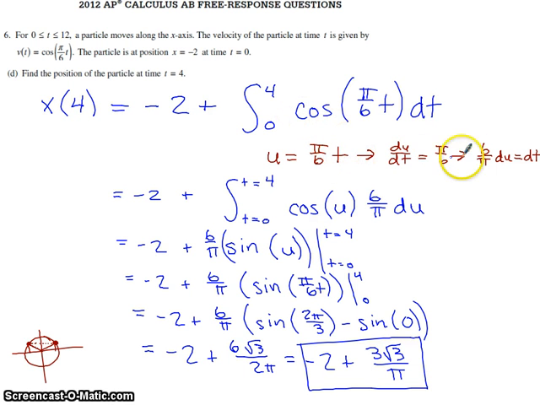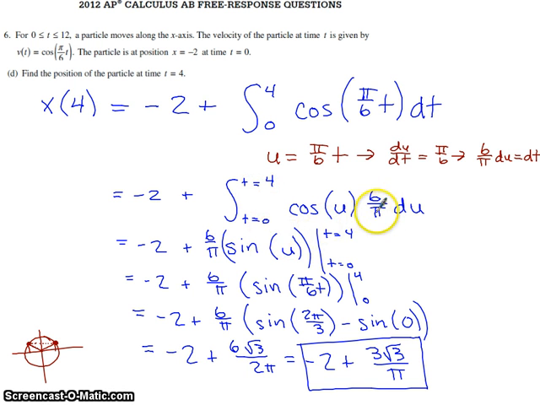You have to do a u substitution here, so you let u equal the inner function, and you pick up this ugly sort of constant here whenever you go through the steps to figure out what to replace dt with. When you do the substitution, just make sure if you are leaving these as 0 and 4, you recognize that they are t values, they are not u values. So I just have my little reminder here that these are t values. I can't accidentally put them in place of a u.